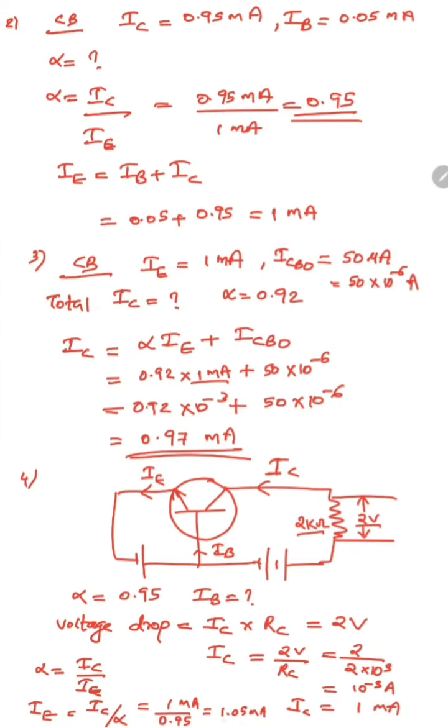So you get IC and IE, and so you get IB. IB is equal to IE minus IC, that is 1.05 minus 1, that is 0.05 milliampere. So this is also a simple problem.